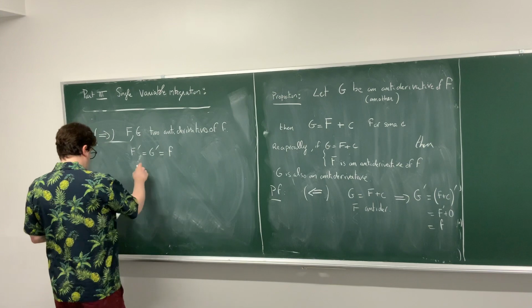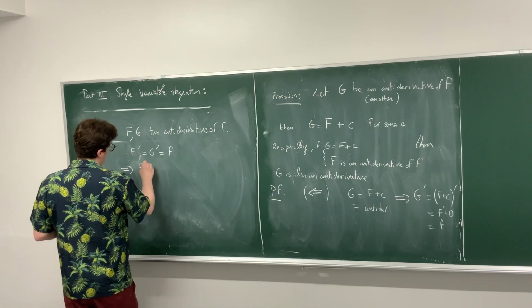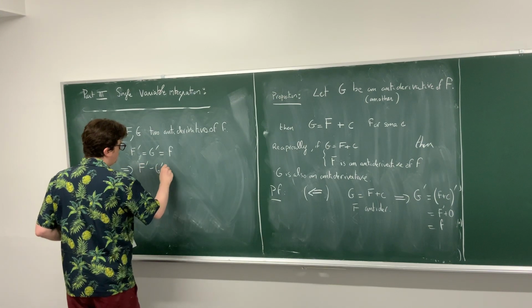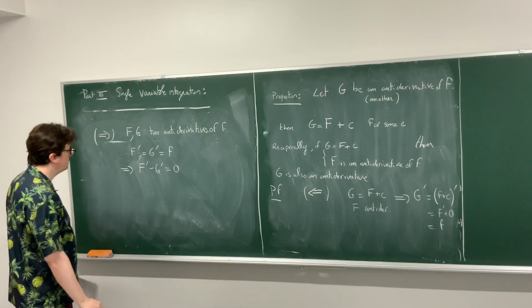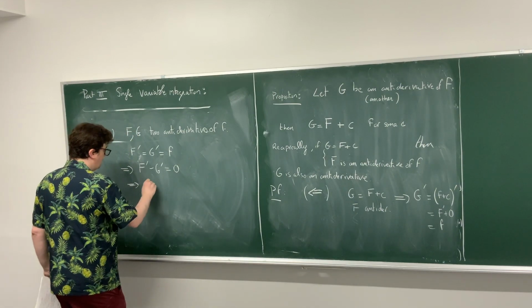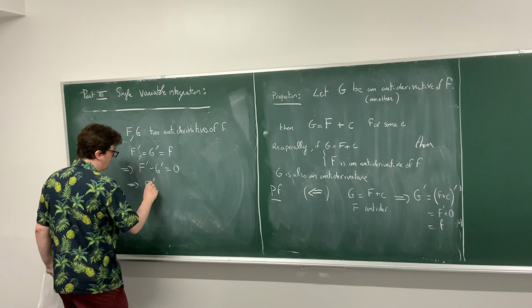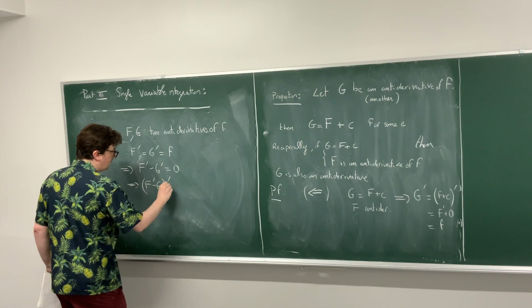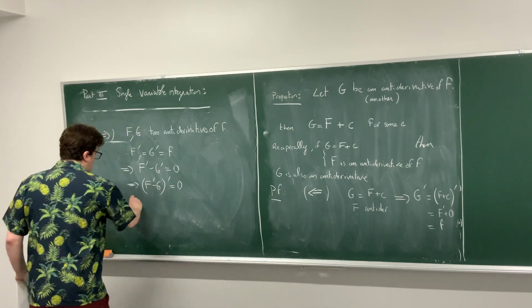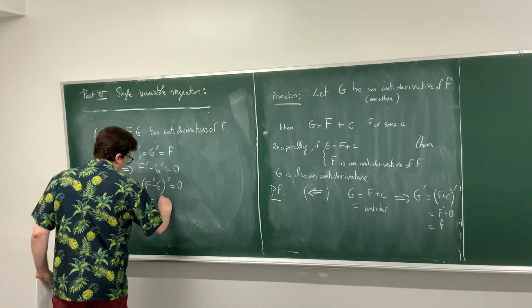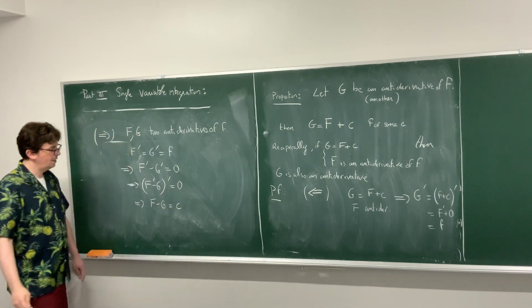But then if we do that, this implies that F prime minus G prime is equal to 0, isn't it? Which implies that F minus G prime will be equal to 0, which means that F minus G is a constant.